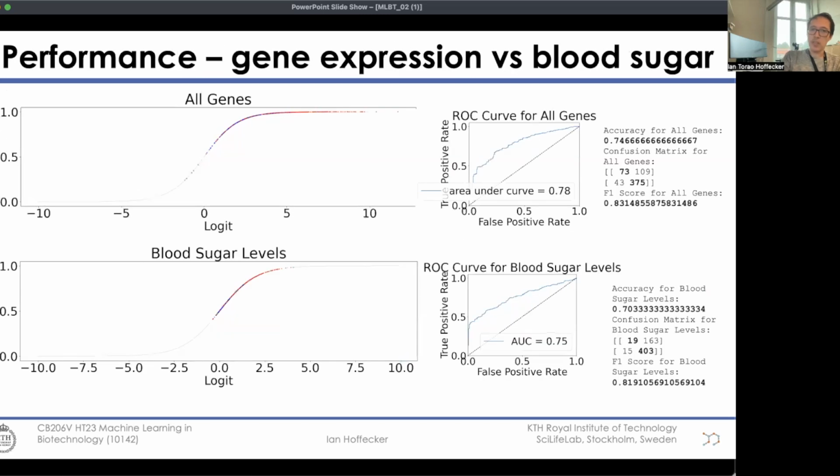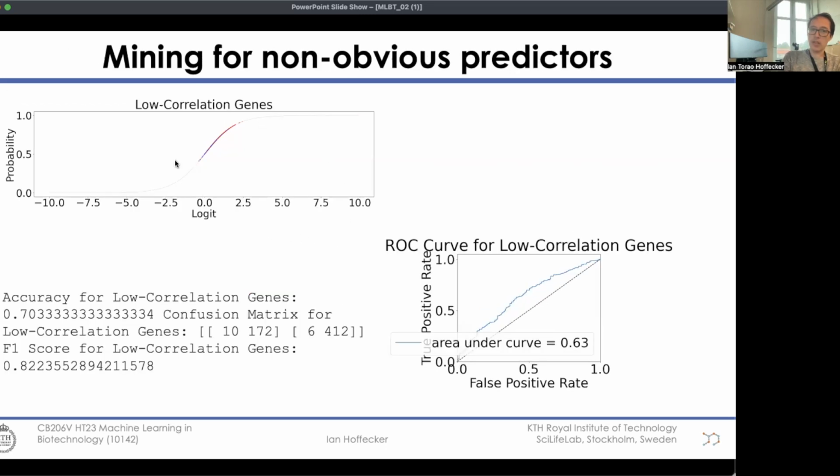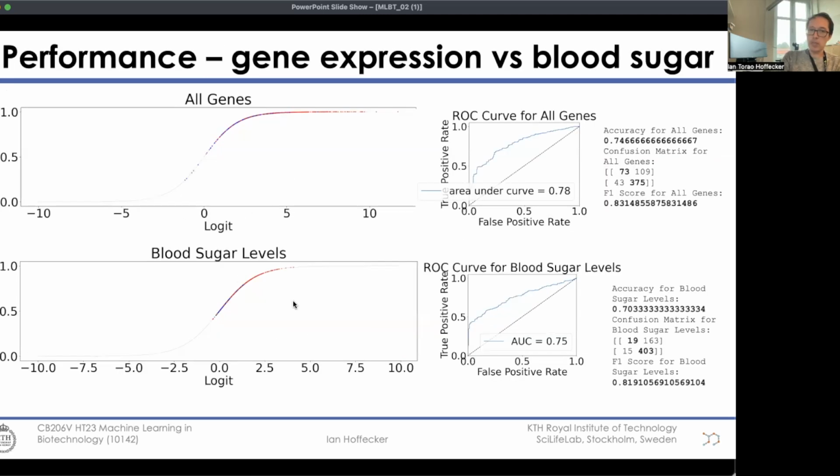And so this means that if we train the model on all the genes, we're going to make use of those genes that are linked to blood sugar, and also those that are not linked to blood sugar, but are still good predictors for the pathological status. And so one might consider these useful genes to know about. So maybe blood sugar is easy to measure.